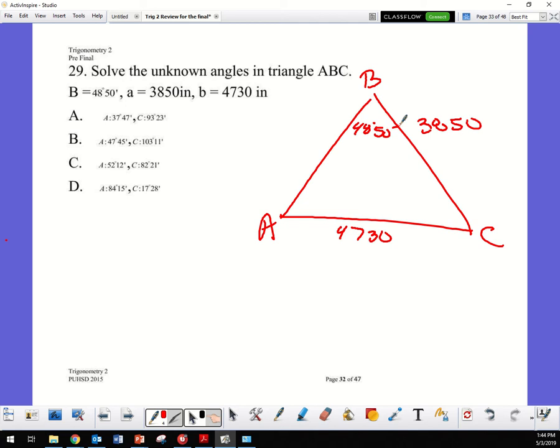You have to use the law of sines to solve for big A. So I'm going to start off with 4730 over sine of 48 degrees 50 minutes is equal to 3850 over sine of A.